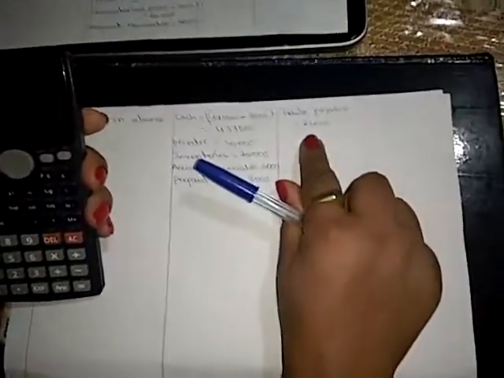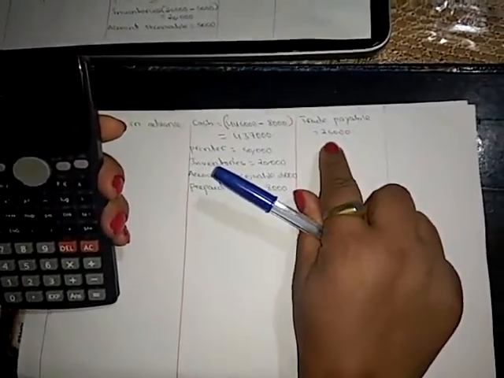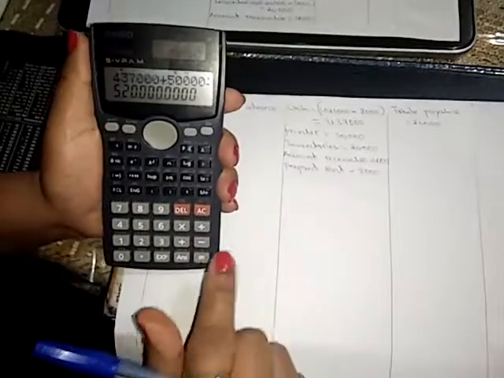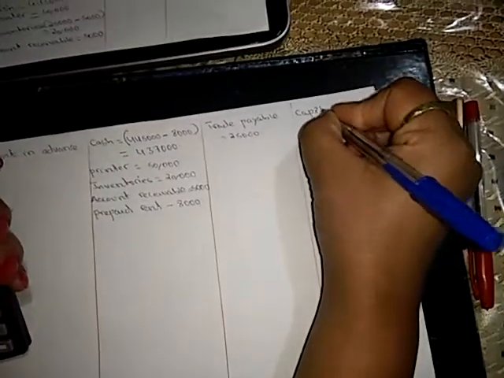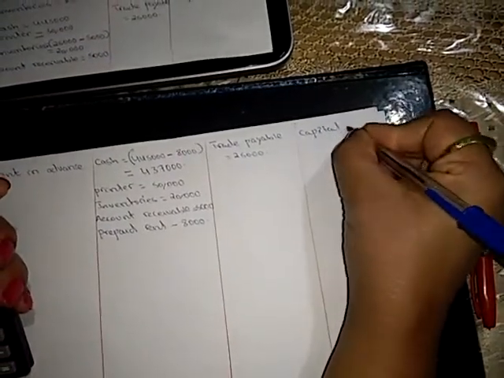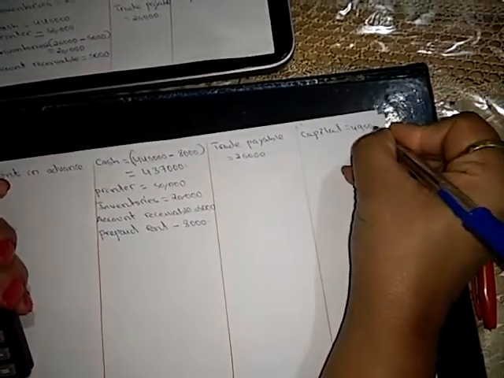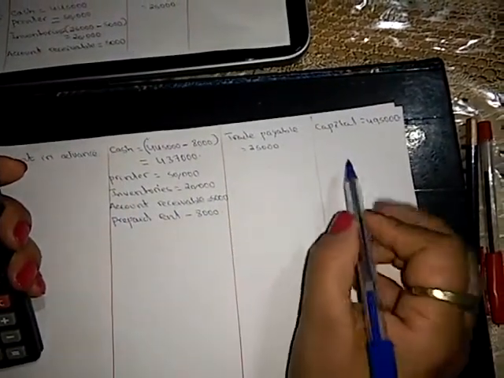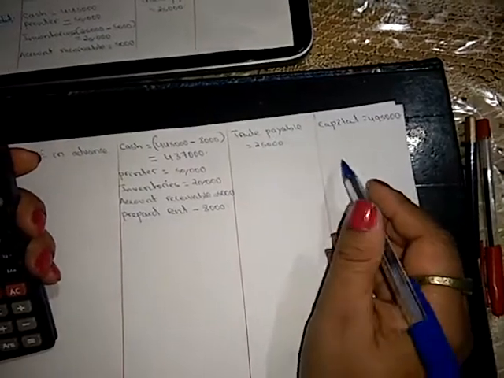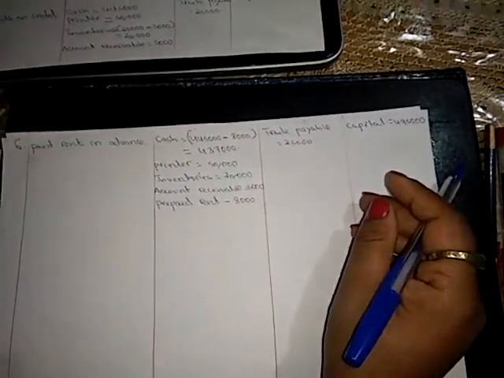Since you have to pay money to the supplier, you have to minus this amount. Trade payable, you have to always minus 25,000. So capital will be 4,95,000. Asset is always equal to liability plus owner's equity. Now we are done with transaction number 6.